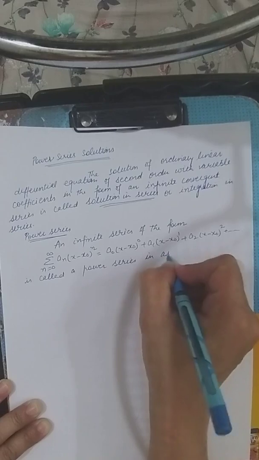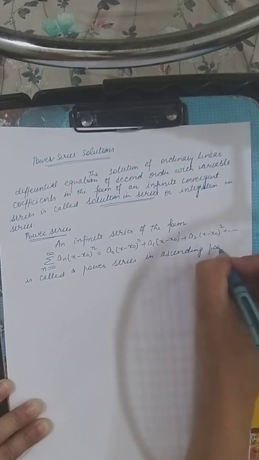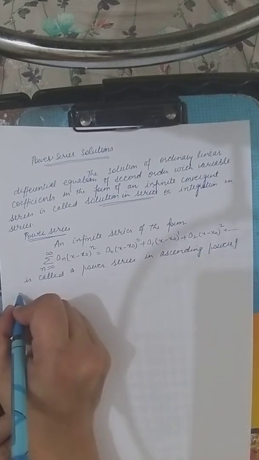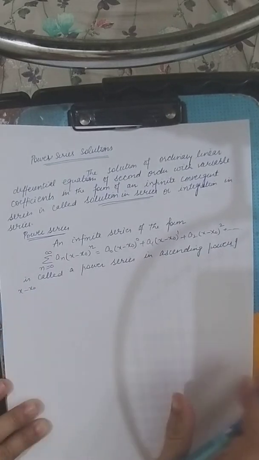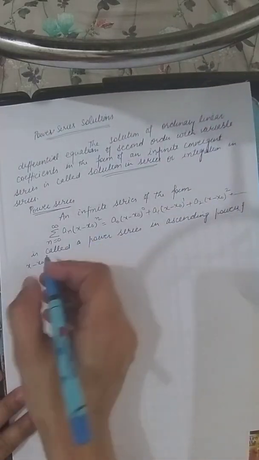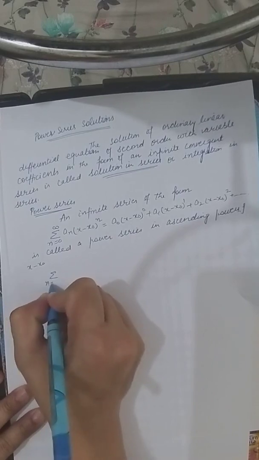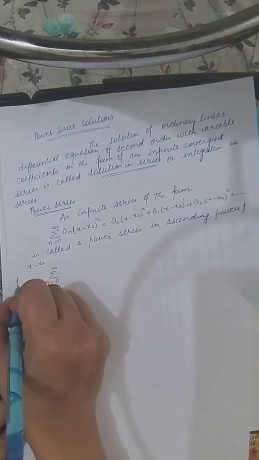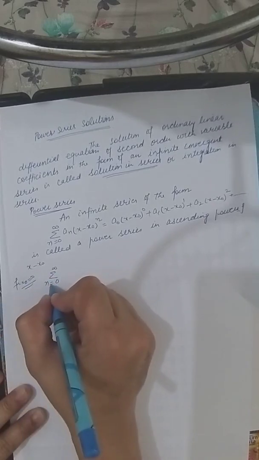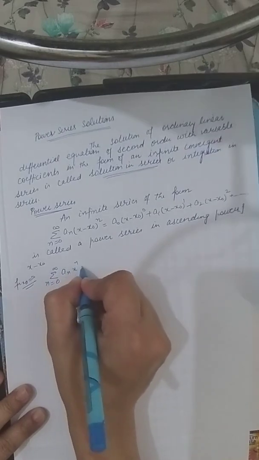in ascending powers of x minus x naught. Now, in particular, if x naught is 0, then the series becomes summation n varying from 0 to infinity a n x power n.